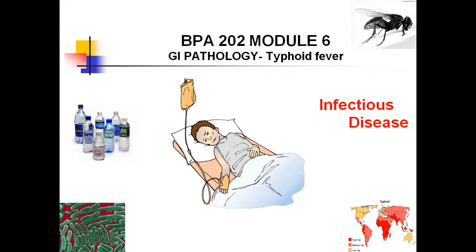Typhoid fever is an infectious disease which occurs due to contamination of food and water.